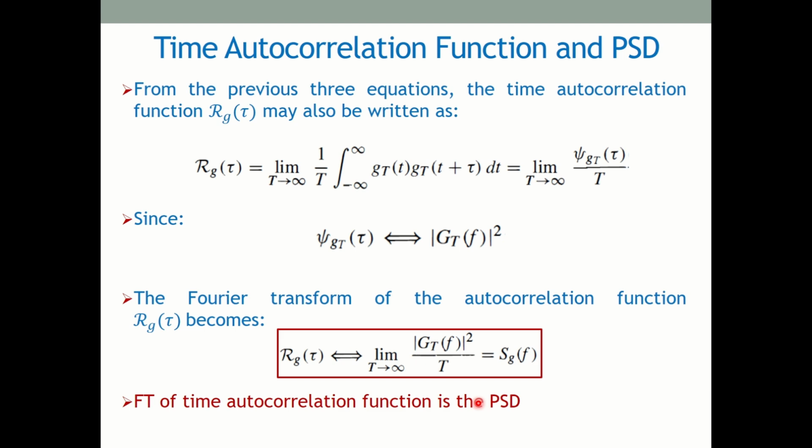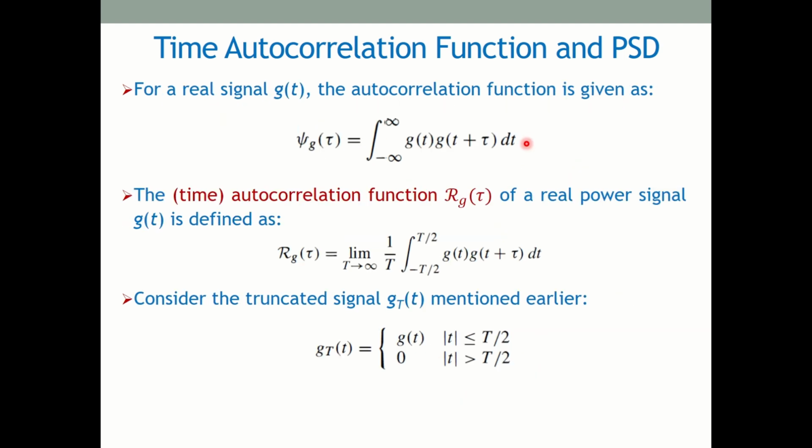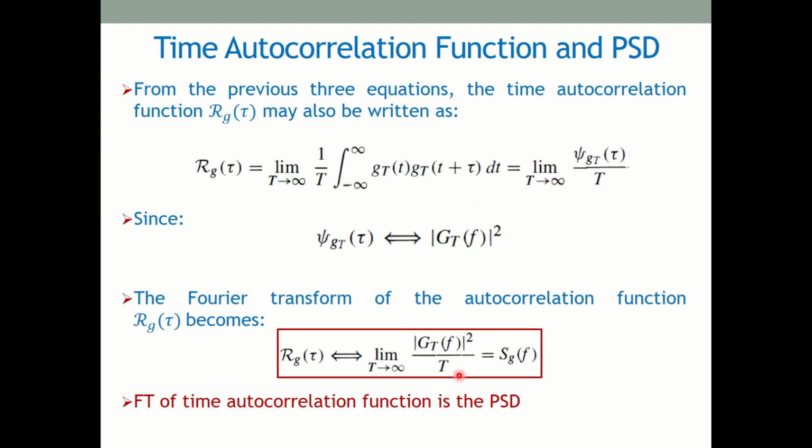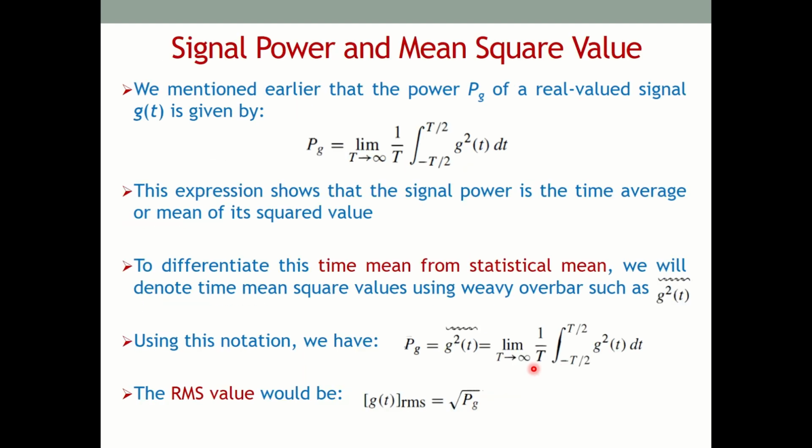So in summary, the Fourier transform of the simple autocorrelation function, which is this one, is equal to ESD, and the Fourier transform of time autocorrelation function, which is this one, is equal to PSD, which is over here. So these are the two spectral densities and their relation to the correlation functions.